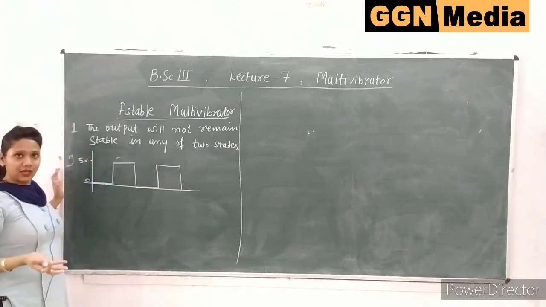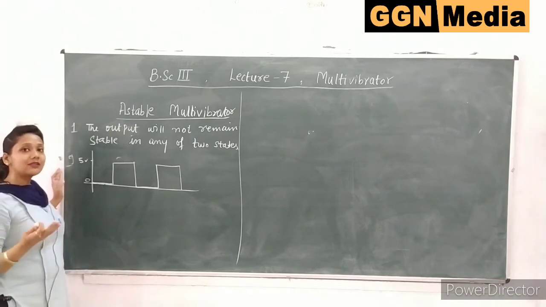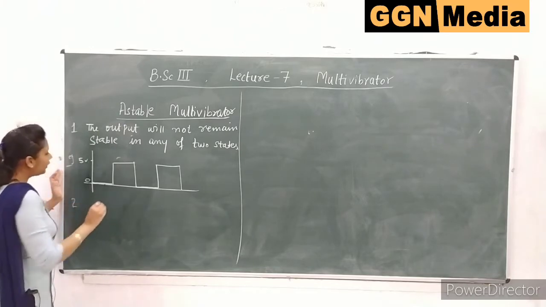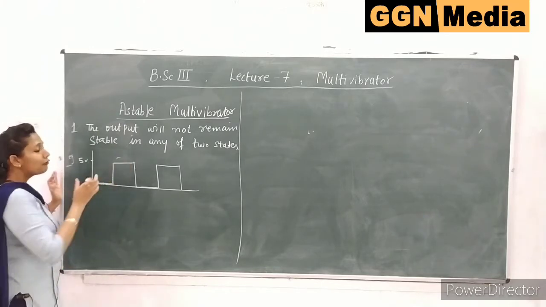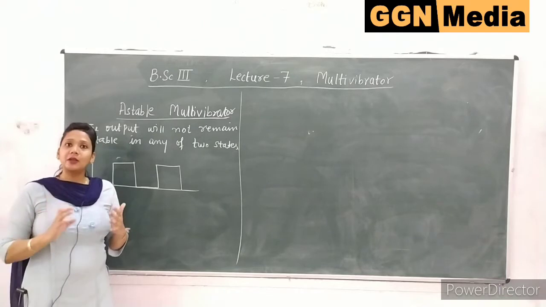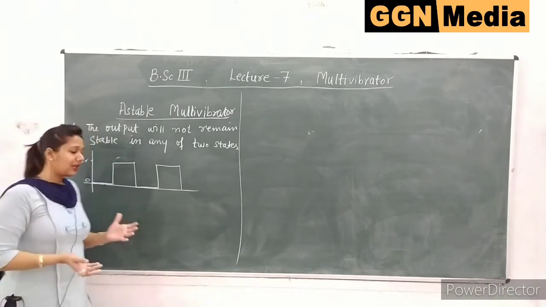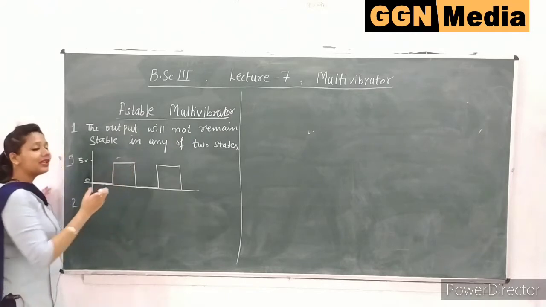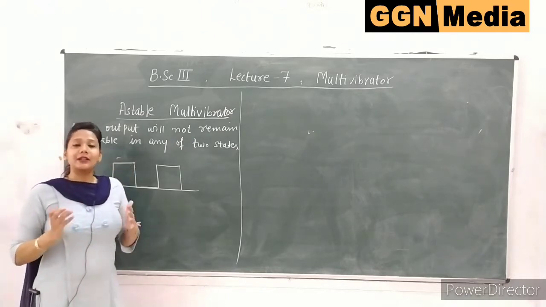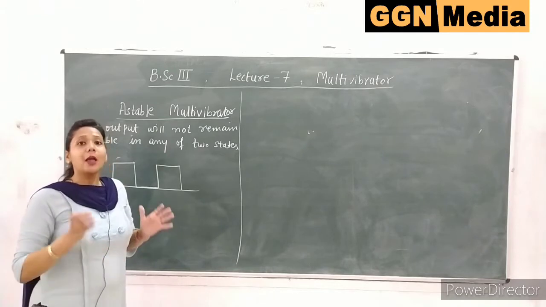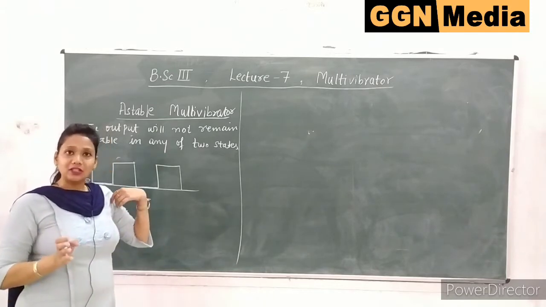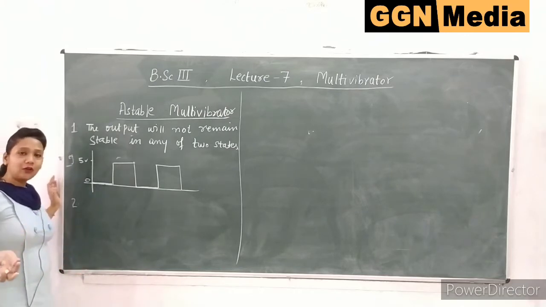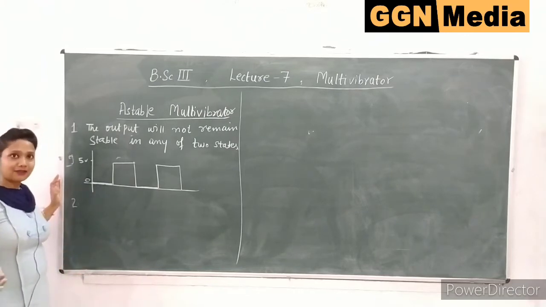So after which time, and that time is decided by which components? In the second point you can write, the time for which your output will remain in any of the states, in any of the states means it can be in low state or it can be in high state, will be decided by the passive components of the multivibrator, your resistor, your capacitor.